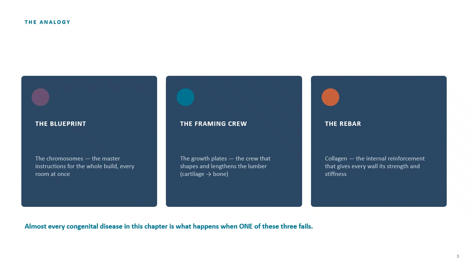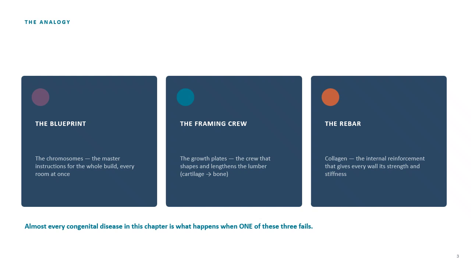So if the reinforcement or rebar is weak, the skeleton itself may look normal in some ways, but in terms of the strength and the ability to withstand daily things that we do, it may easily fracture. It may stretch or not be able to stretch in certain ways, or it may deform more easily than the normal body structure.